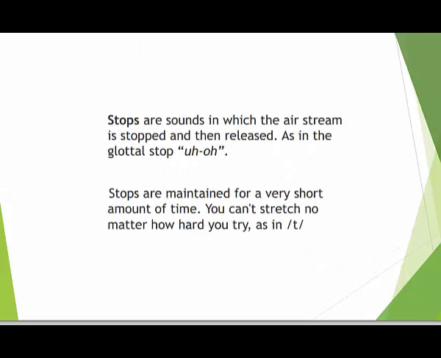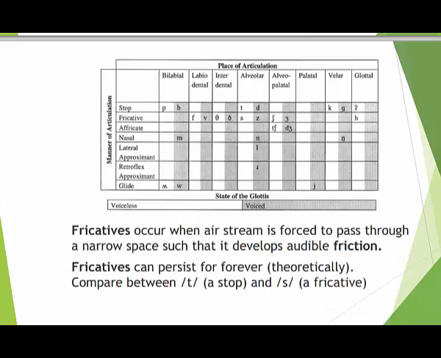Stops, as in the glottal stop, are when the airstream is totally stopped and then released, as in p or b. Stops are distinctive in that they are maintained for a very short amount of time, basically because you're not breathing, and you can't stretch that out no matter how hard you try, as in t.